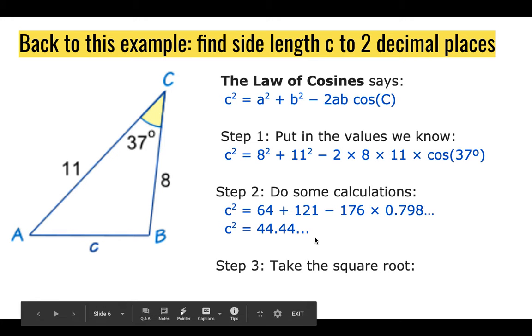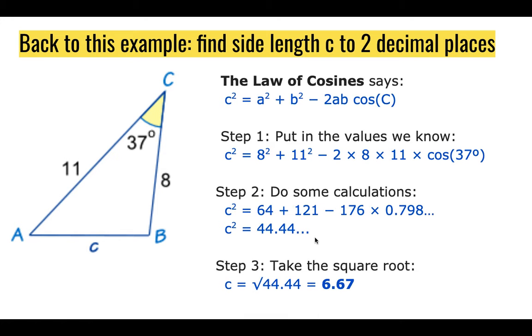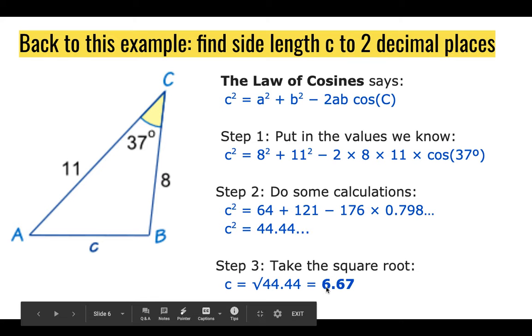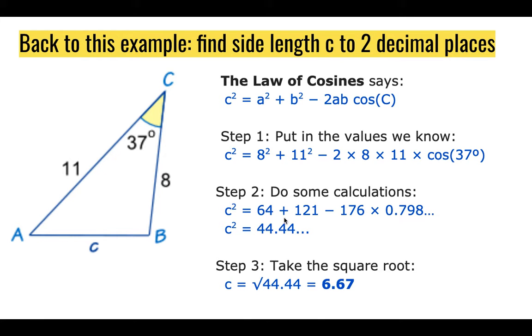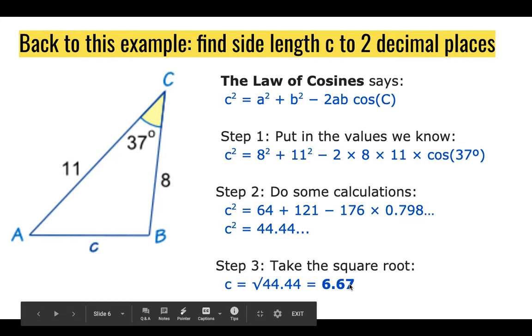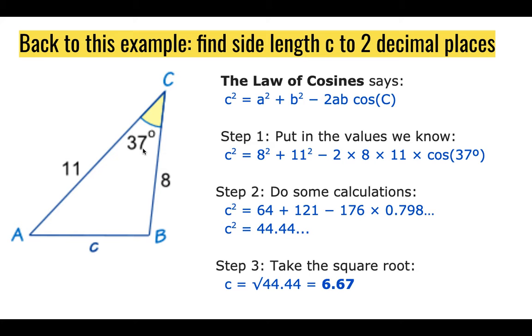So the third step is to take the square root to get the final answer. And we were asked to get it to 2 decimal places, so our final answer is 6.67. So it would be very wise of you to put these numbers into your calculator to make sure you can get the same answer as me. So that's how we can find unknown sides with cosine law.